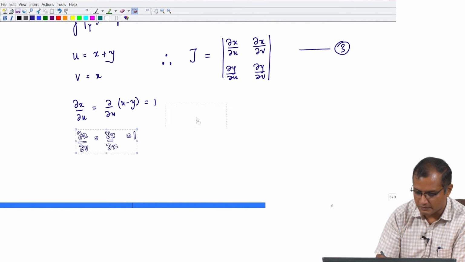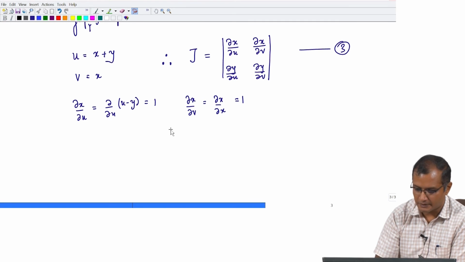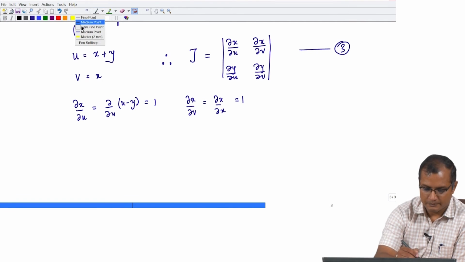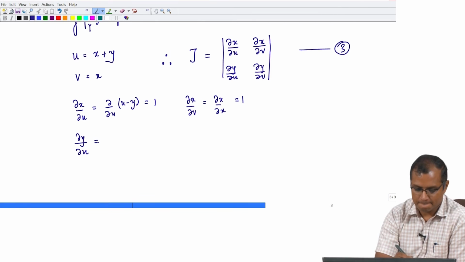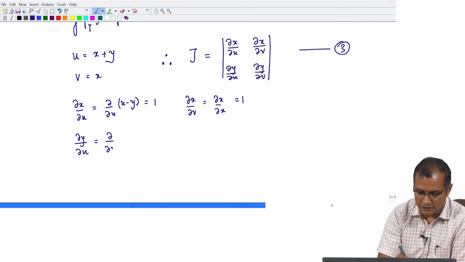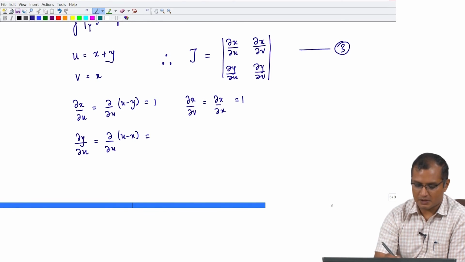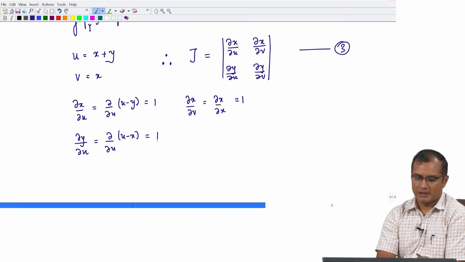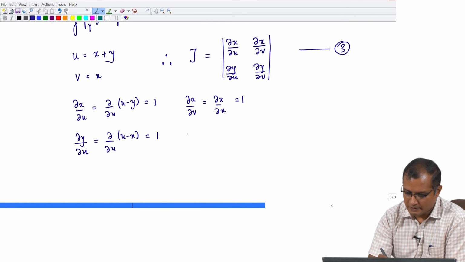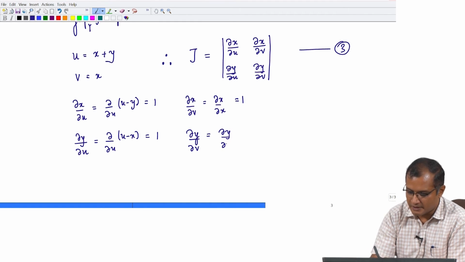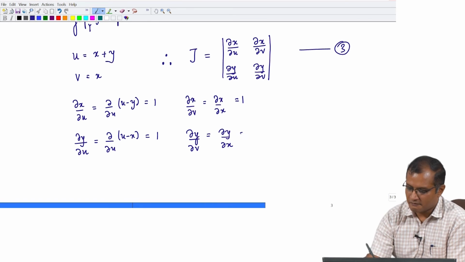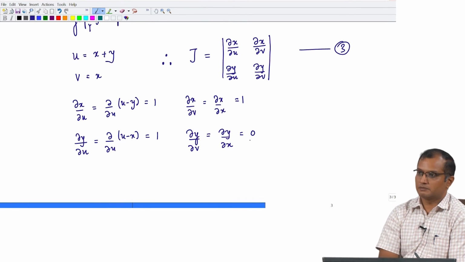We can write down dy over du as d by du of u minus x, which is 1, and dy by dv, which is dy by dx, because v is equal to x. y and x are independent variables, so this is 0.